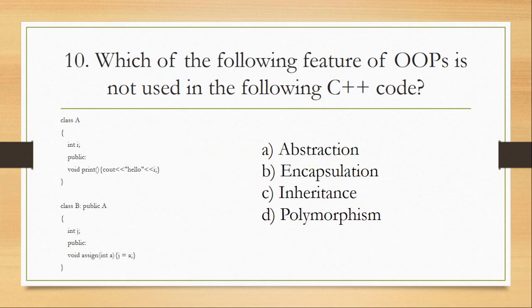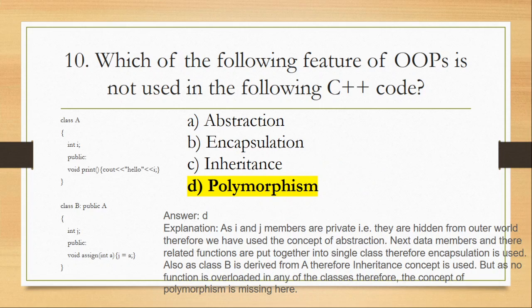Which of the following features of object-oriented programming is not used in the following C++ code? The correct option is polymorphism.